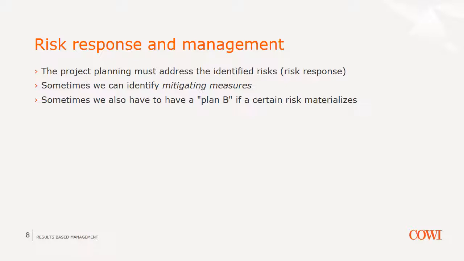Often we cannot eliminate the risk entirely, so we have to have what we call a plan B if it materializes. If, for instance, you work with a nuclear power plant, you will make sure that the risk of having a serious accident is very, very low. But you will still want to have a plan B if an accident should happen anyway.